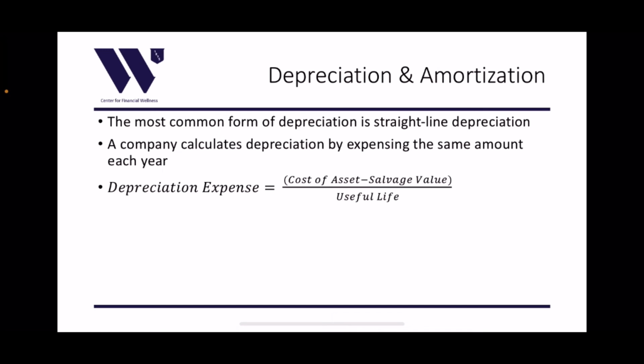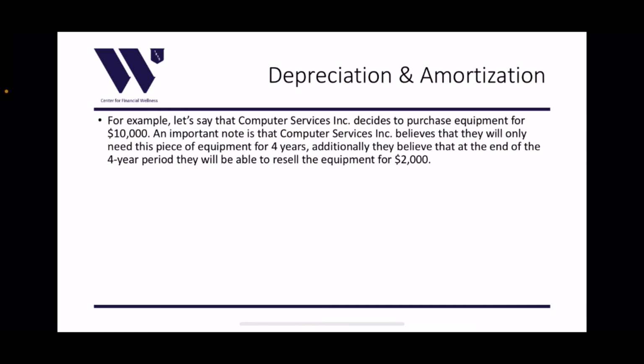In that case, that is another exchange of cash. So we take that difference over the useful life to calculate the amount that we would expense in depreciation or amortization for each year. Now let's take a quick look at an example and run through what the calculation looks like and how we get to that straight line depreciation.